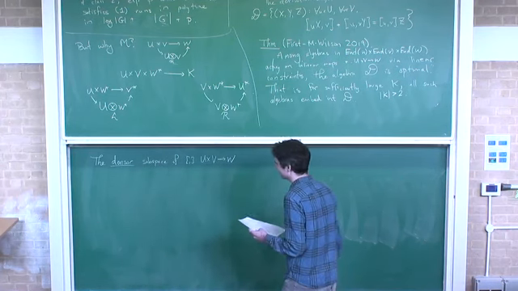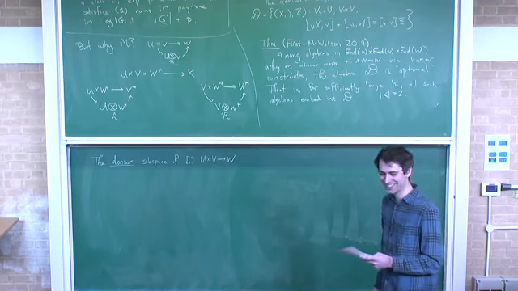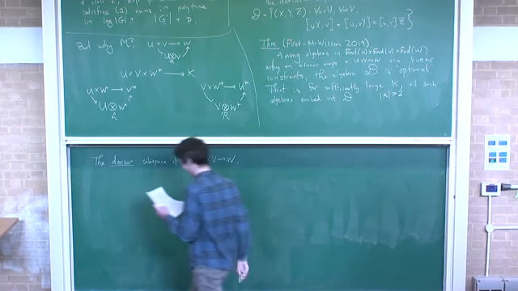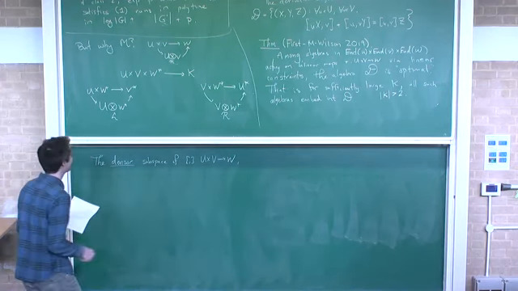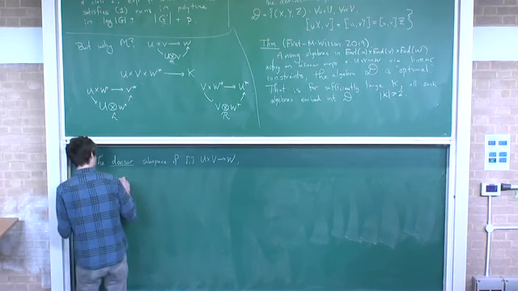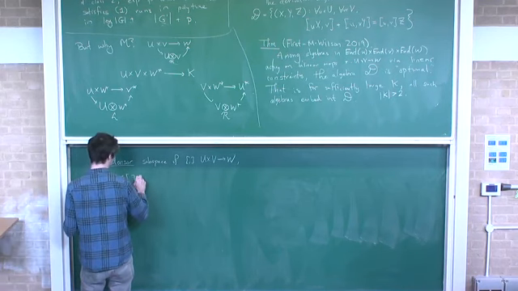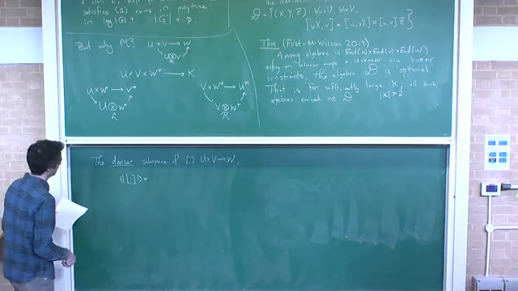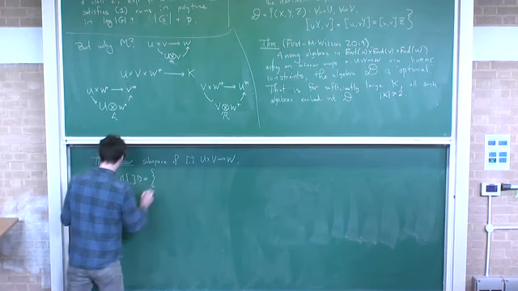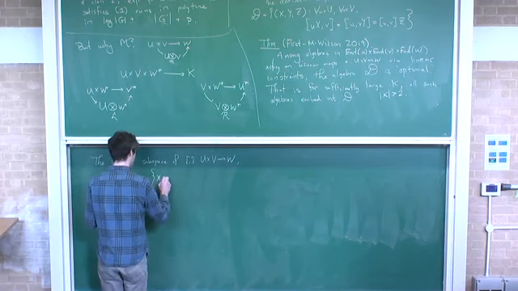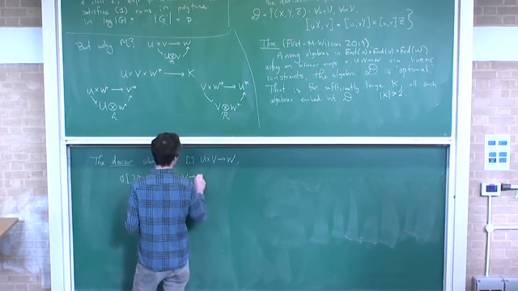Is this name due to James Wilson? Yes. Actually, the notation is definitely more James Wilson's. The denser subspace is going to be the set of bilinear maps.